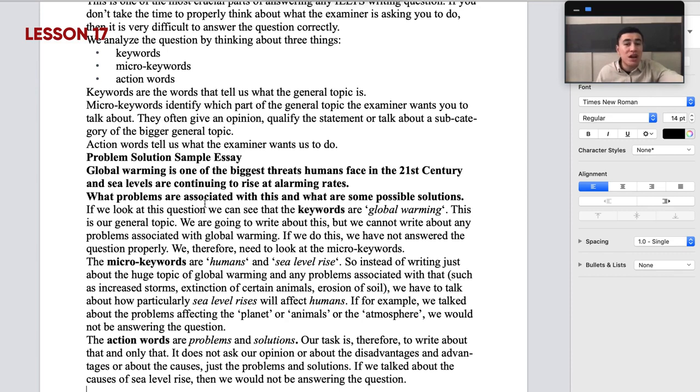So what problems are associated with this, and what are some possible solutions? So our task is therefore to write about that and only that. It doesn't ask our opinion or about the disadvantages and advantages or about the causes, just the problems and solutions.